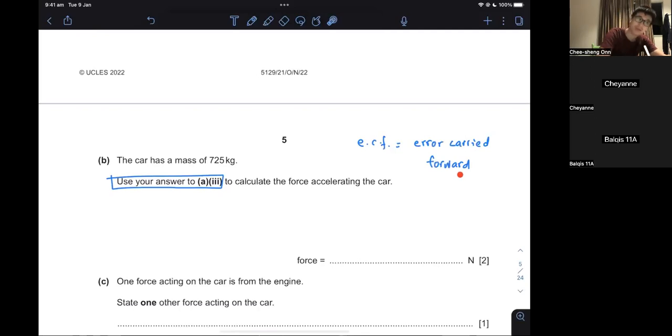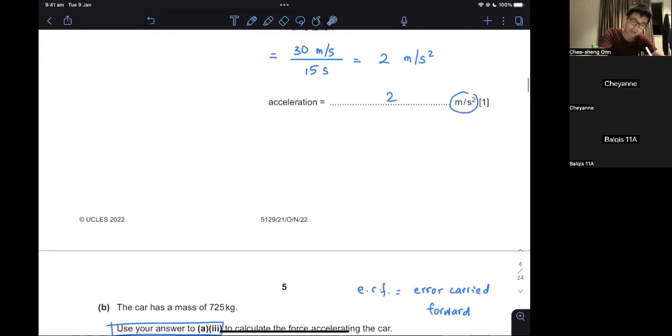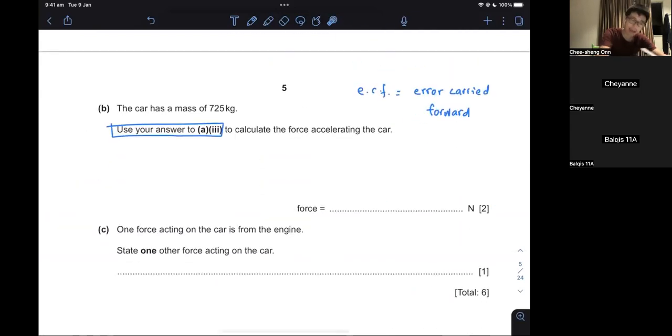So you might get the last part wrong, but you get awarded for working if you show the working and you get the answer which is wrong, but based on a method which is correct, based on the wrong value. Earlier, you would have been penalized if you got it wrong, but here you get the full mark because you have done everything correctly except using the wrong value. Okay, so don't leave it blank, right?